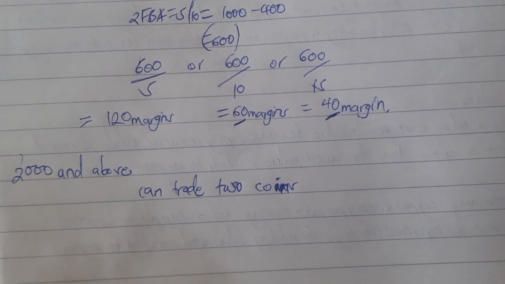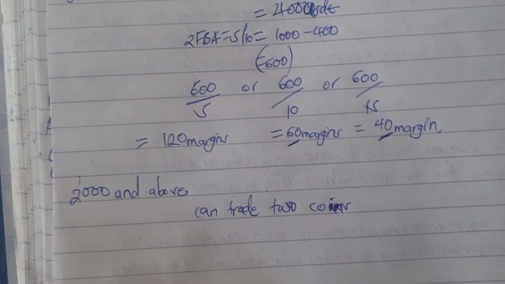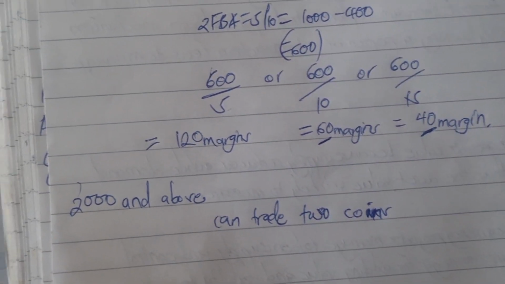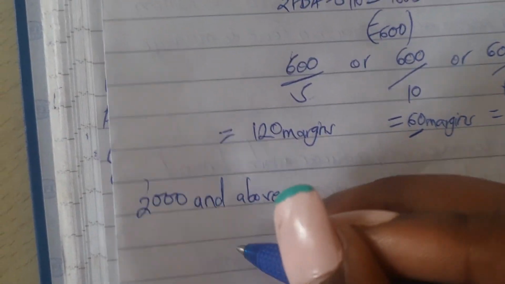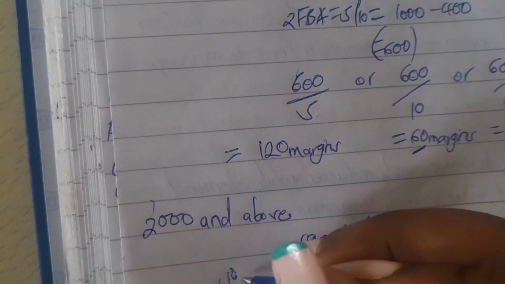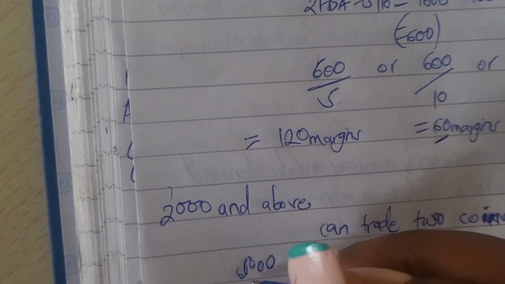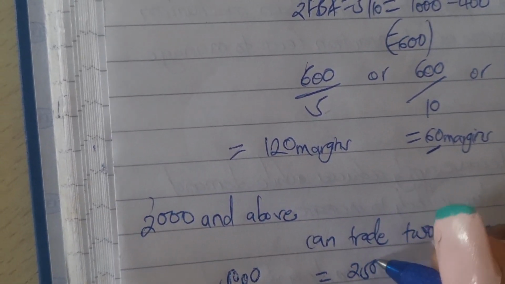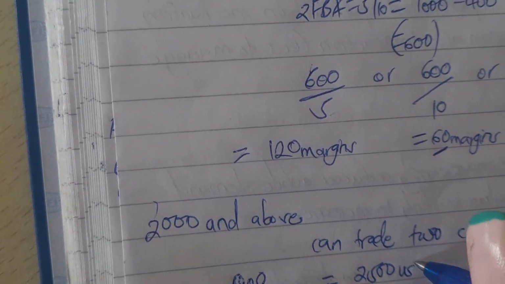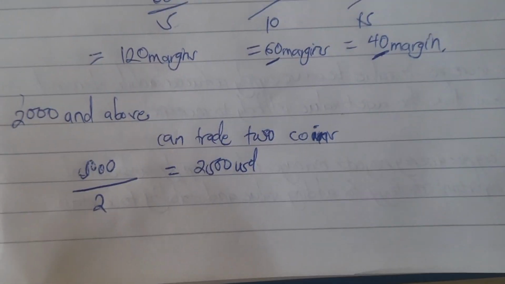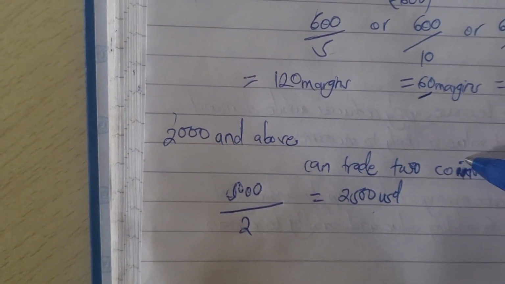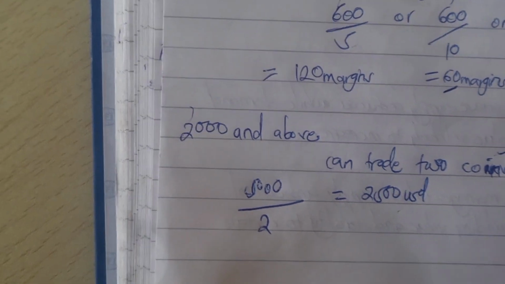So people with 2,000 and above can trade two coins at the same time, and we are going to use the same strategy. So for example, in case you have 5,000 as your capital, by 2, you're going to get 2,500. We are speaking in US dollars. We are going to use this same strategy here.